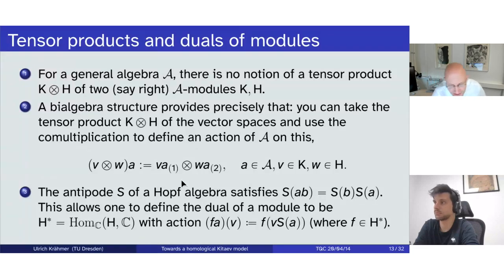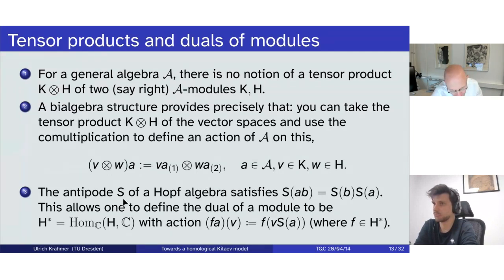Well, you first apply this co-multiplication. Now you are in capital A tensor capital A, and with the first leg you act on V, with the second leg you act on W. And one verifies, yes, in this way, the category of right modules will become a monoidal category. The unit object in that monoidal category is the ground field K on which the bialgebra acts by the co-unit.